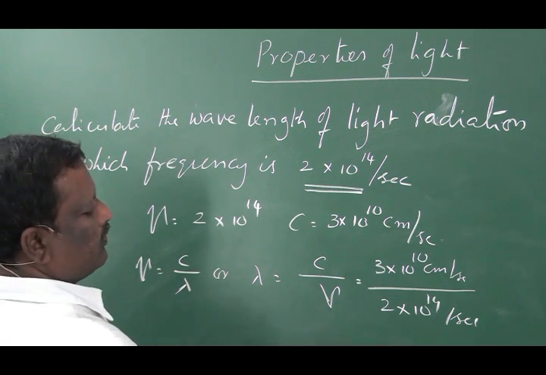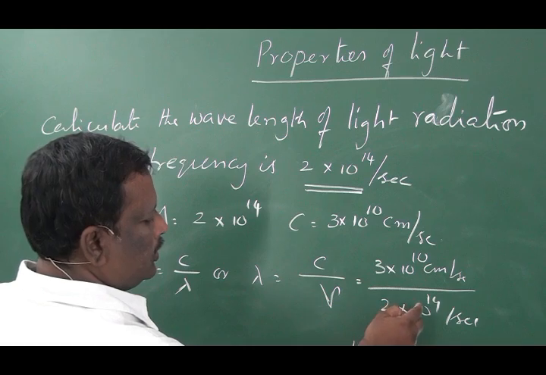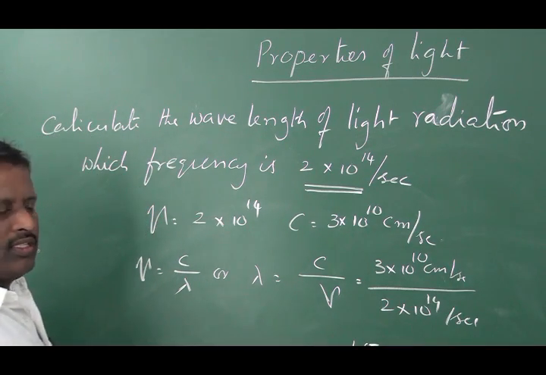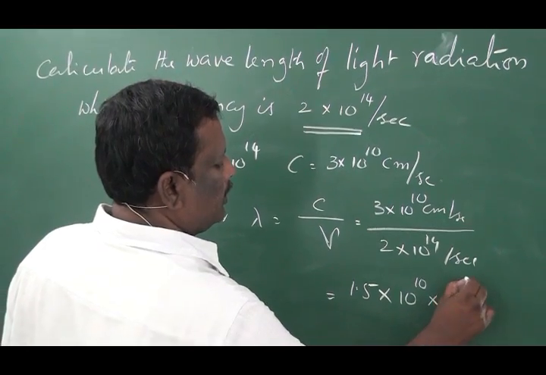So 3 by 2 is 1.5, so it can be written as 1.5, and 10 to the power 10 into 10 to the power minus 14 comes to this side.